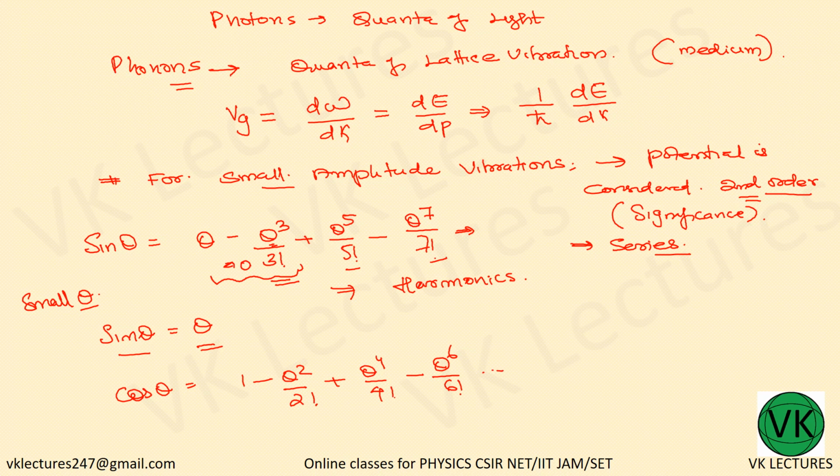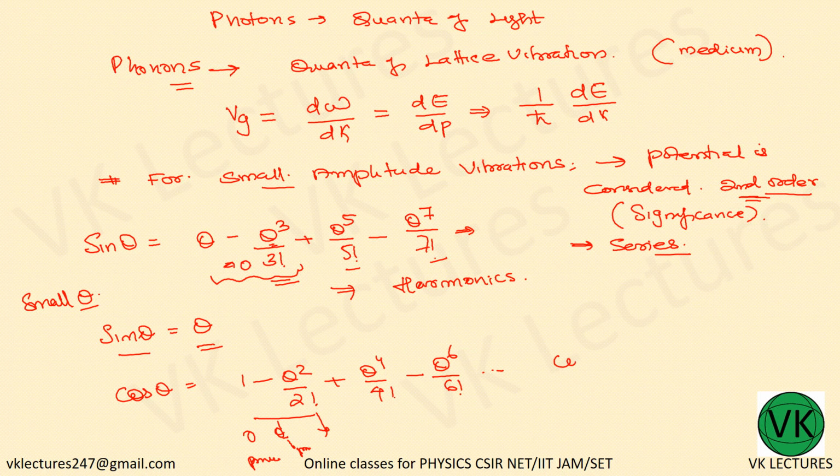Now here, as I said, it is significant to second order. Which is the order? This is the 0th order, the principal harmonics. Here you have theta to the power 1, which is the primary, first order. This is the second order. So up to here, second order, it is important.